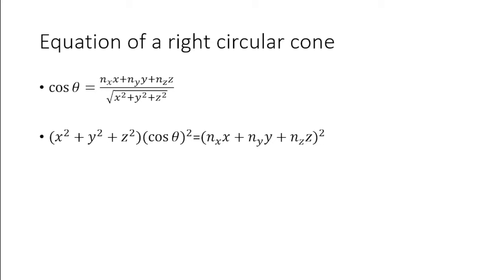So here nx, ny, and nz are the components of a unit vector along the axis of the cone. Theta is this apex angle. And the right circular cone is the one for which theta is pi over 4.